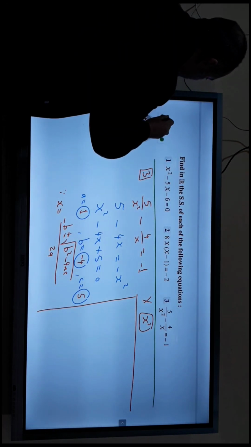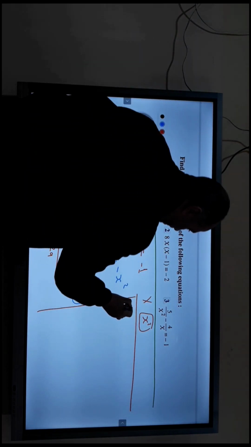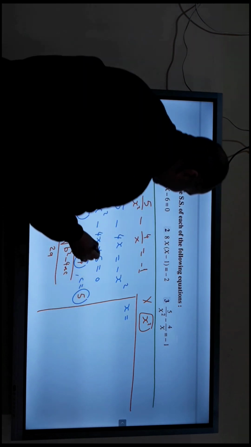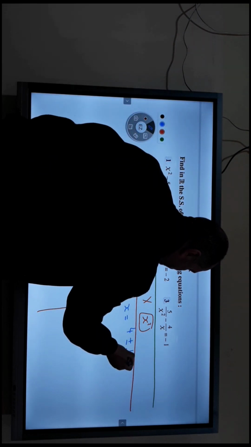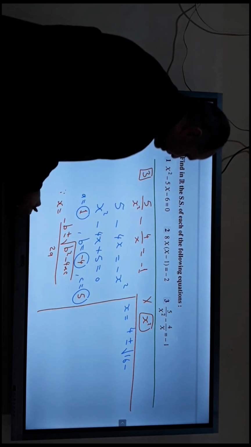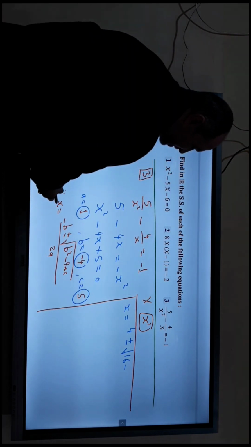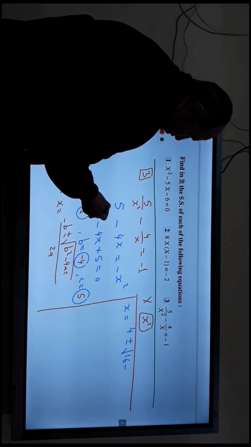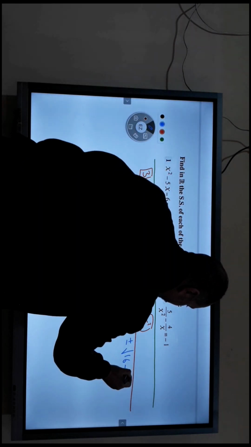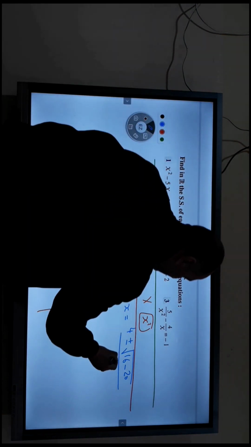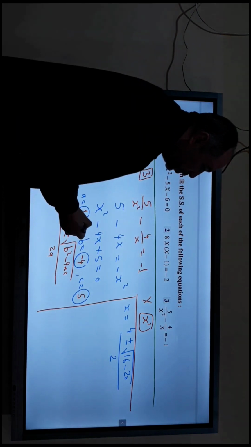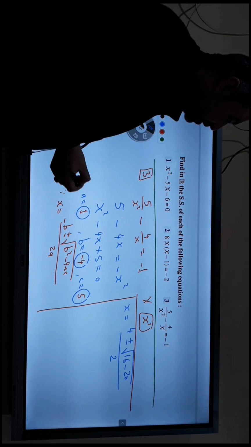Now x is equal to negative b, which is 4, positive or negative square root of 16 minus 4 times 1 times 5, which is 20, over 2 times 1, which is 2. What do you observe now?